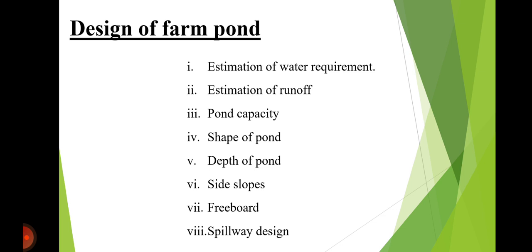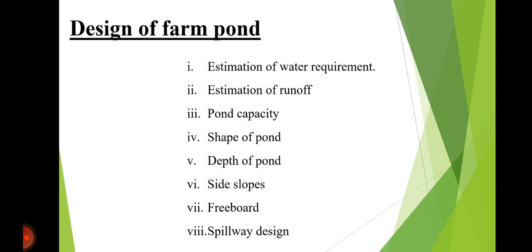So the design of a farm pond involves determining runoff availability, water demand, storage capacity, pond dimension, embankment dimension, and spillway requirements to provide an economical and reliable source of water for agricultural purposes. Now let's look at a small overview of the design of farm ponds.